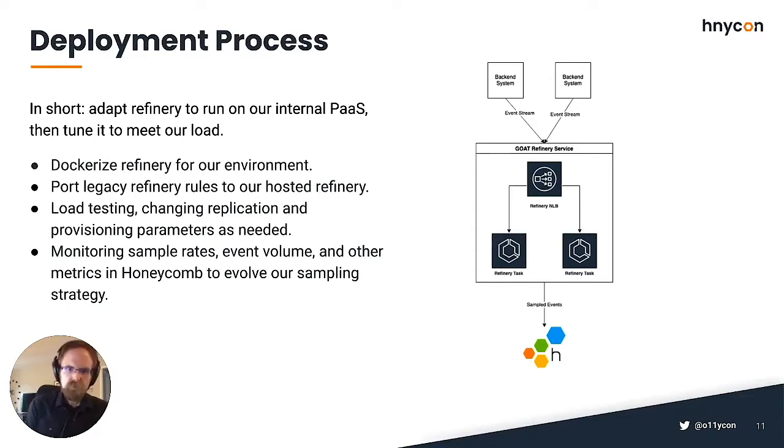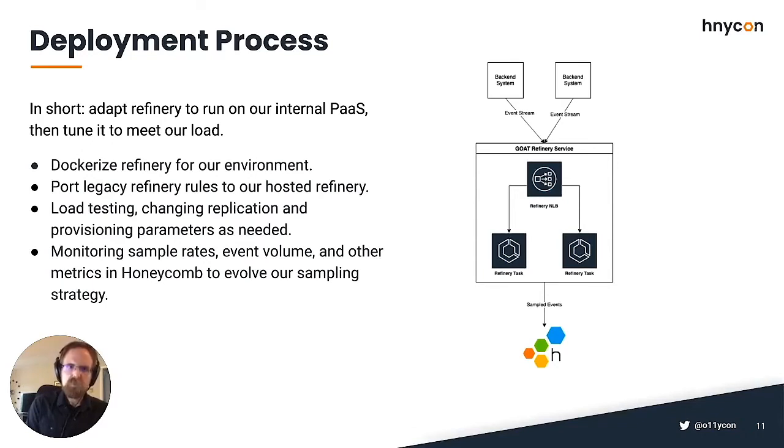The first two bullet points are essentially adapting Refinery to run on that platform as a service. We needed to Dockerize it, and we ported our legacy Refinery rules to hosted Refinery. I think we have a leg up here over a new installation because we had that past experience of using legacy Refinery, and we had a good basic set of sampling rules that we could build off of.